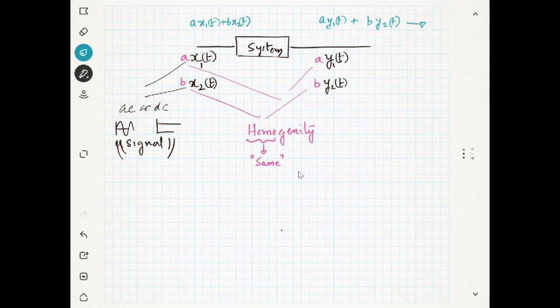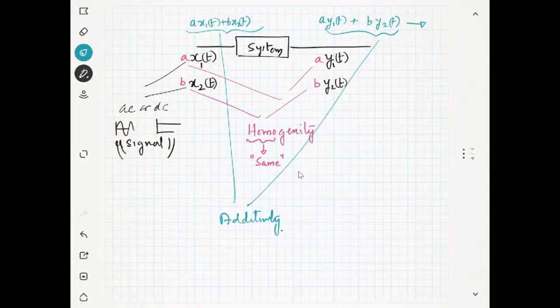So it is obeying the linearity property. That's why it is known as the superposition theorem. Superposition is the principle of homogeneity and also the principle of additivity. Additivity means addition: if you add the inputs, the output is also just the addition. Understood? Got it?